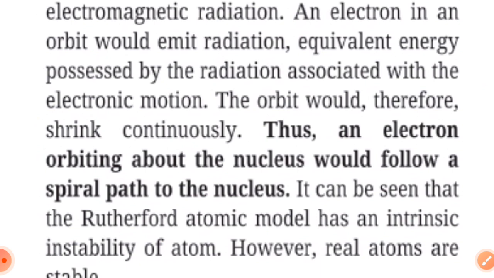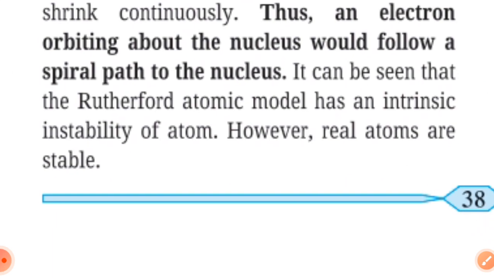Equivalent energy possessed by the radiation is lost from the electronic motion, so the orbit would shrink continuously. Thus, an electron orbiting about the nucleus will follow a spiral path into the nucleus. It can be seen that the Rutherford atomic model has an intrinsic instability of the atom.